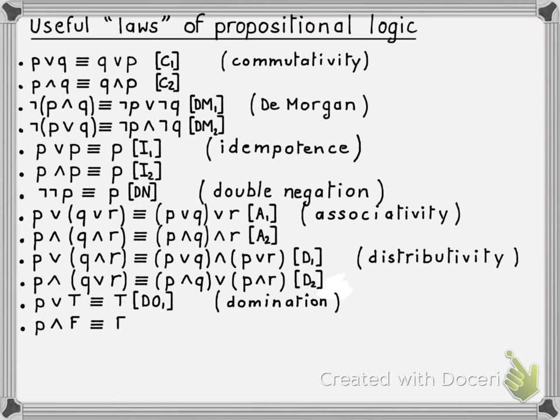Here is the second one, which is obtained by swapping disjunction and conjunction and swapping true and false. And what it says is that whatever the truth value of P, P and F, false, is logically equivalent to false.